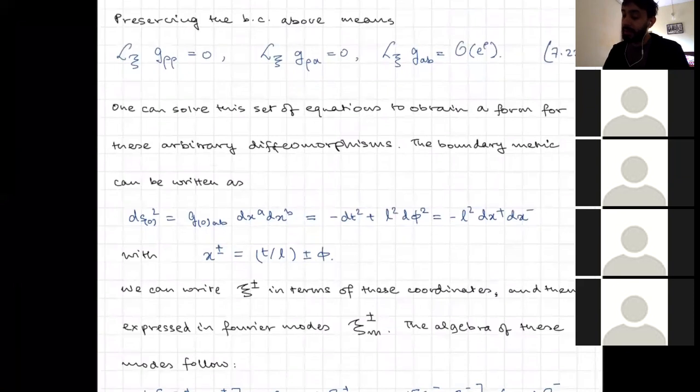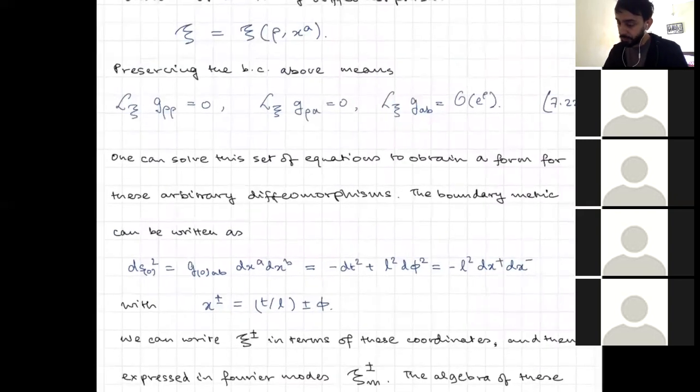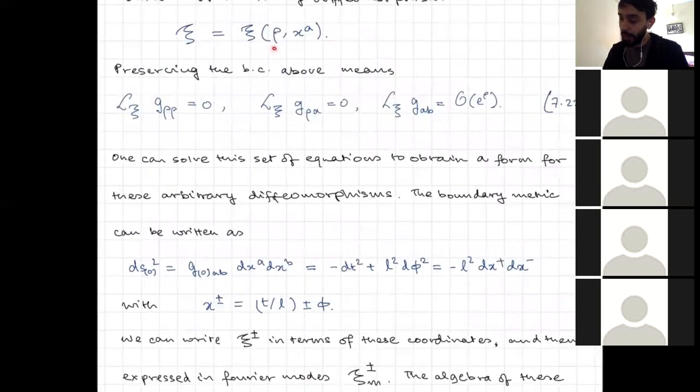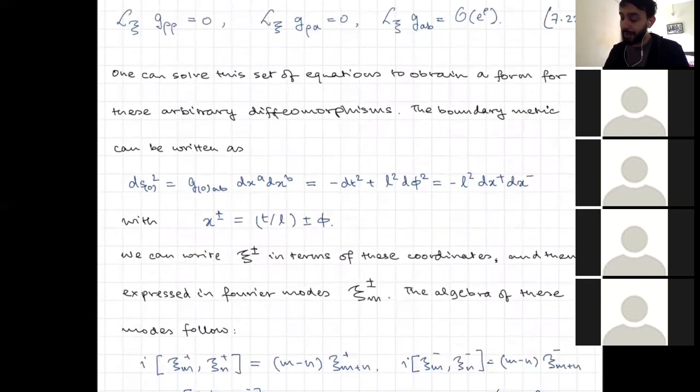Now you can write the boundary metric in terms of light cone coordinates, where x^± is t ± phi. And you can re-express the xi, which you wrote in rho and x^a, in terms of rho and x^±.